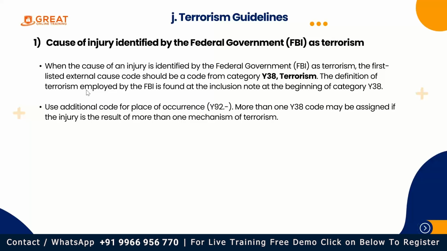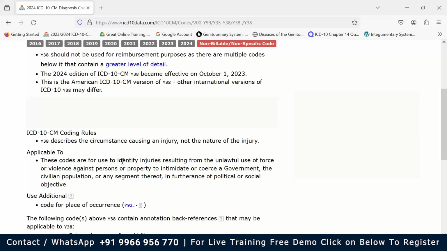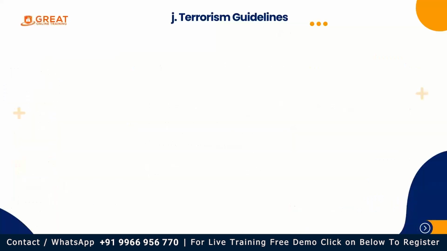The definition of terrorism employed by the FBI is found at the inclusion note at the beginning of the category Y. See Y38. Okay. You can see here, these codes are for use to identify injuries resulting from unlawful use of force or violence against person or property to intimidate the civilian population and everything. Okay, so we have a definition for it also.